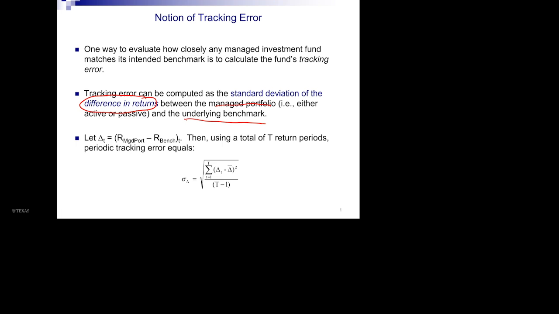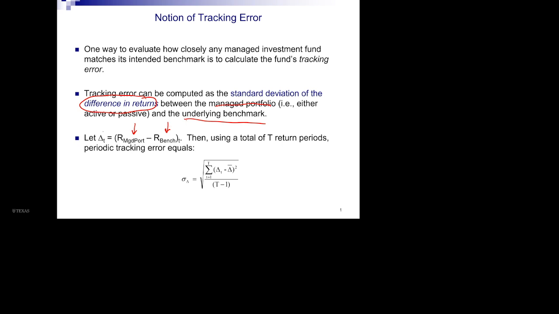So when we calculate tracking error, it's going to be a fairly simple approach, but we have to make one important adjustment. We're not going to calculate the standard deviations of the returns themselves. But what we're going to do is for each period that we're looking at, say we have monthly returns, we're going to take the difference between the returns to the managed portfolio and the return to the benchmark or the index to which the manager's performance is being benchmarked.